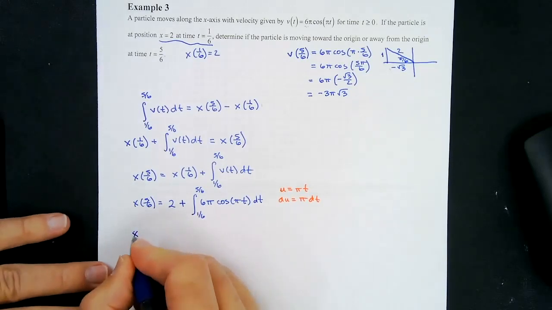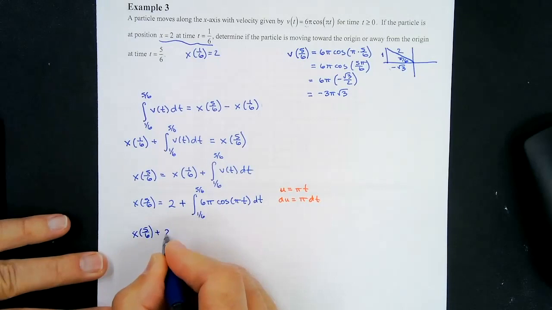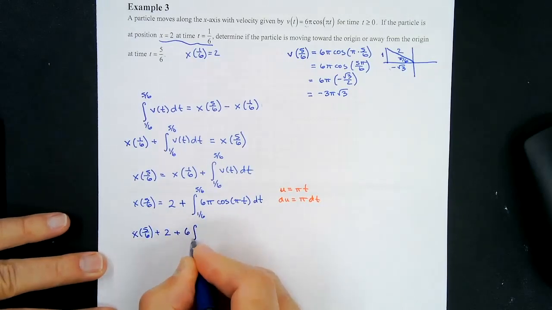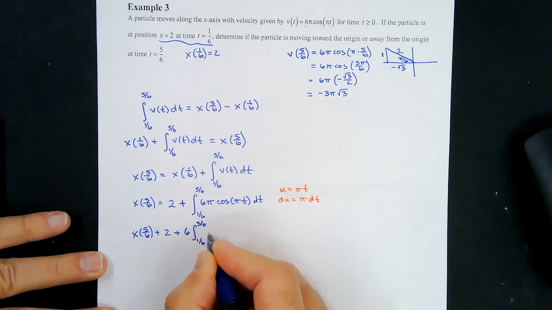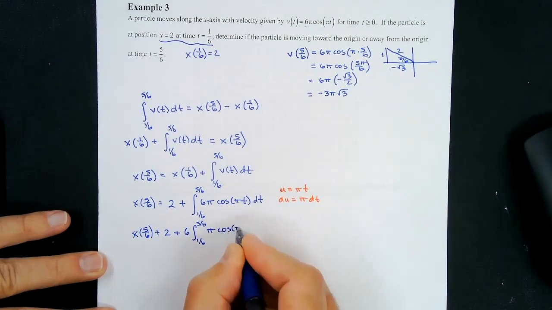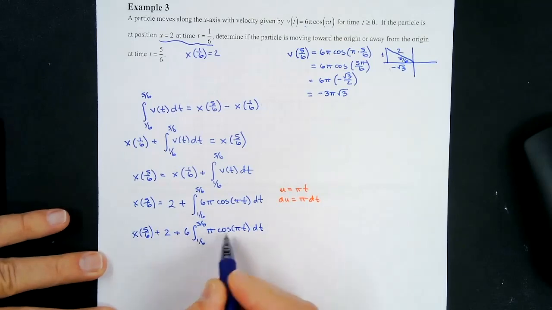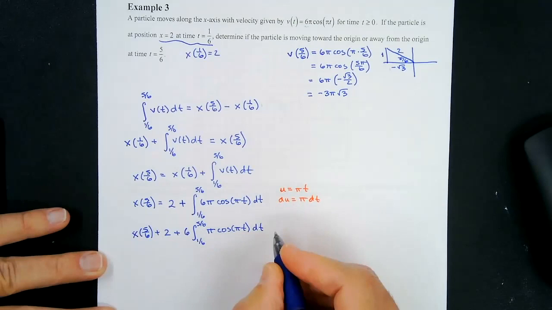So that means I have x of 5/6 plus 2 plus 6, and then the integral from 1/6 to 5/6 of pi cosine of pi t dt. And I know this pi along with the dt, I can replace that with my du.